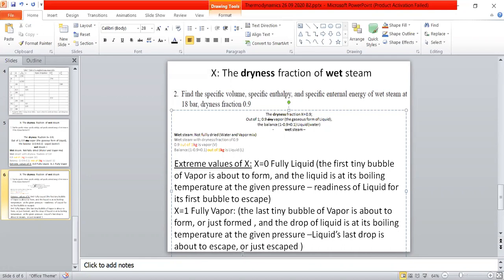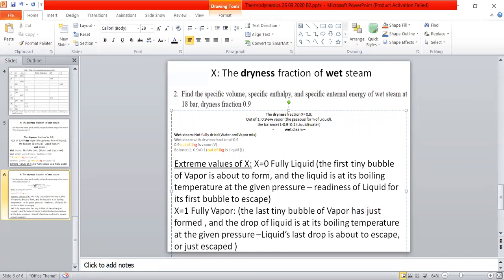Here we would say just formed, not about to. Vapor has just formed. Only it has vapor.